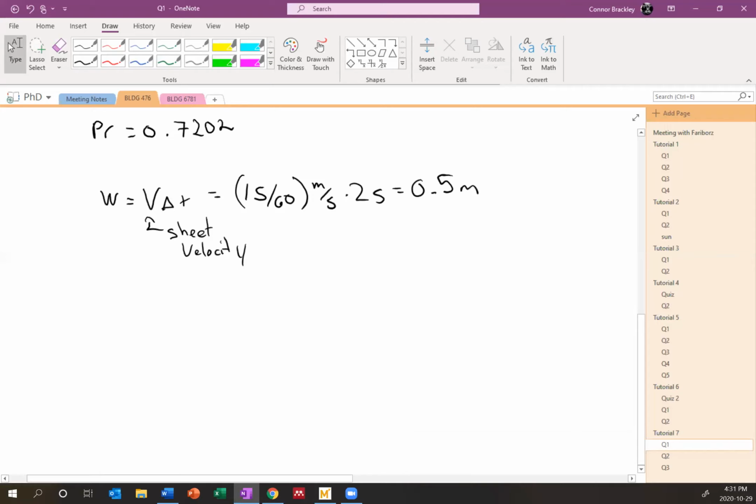Okay, and then usually the first thing we do when we deal with convection is figure out whether we're talking about a laminar region or a turbulent region. So now we're looking at the air velocity. We're using our Reynolds number, and we usually look right at the end of our length. The air will always start in laminar. What we're trying to figure out is if it's going to get to a turbulent flow.